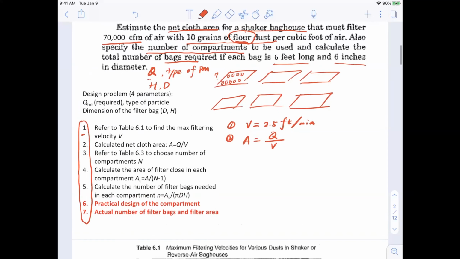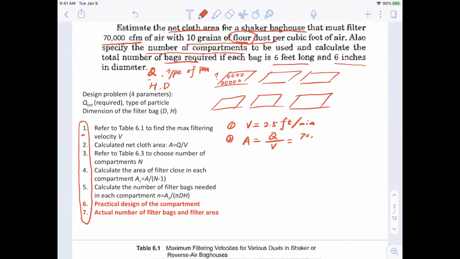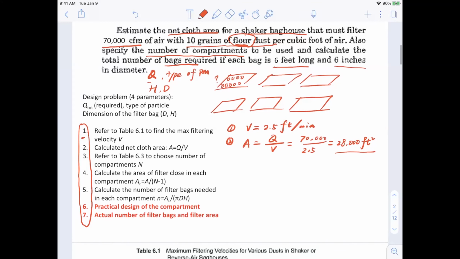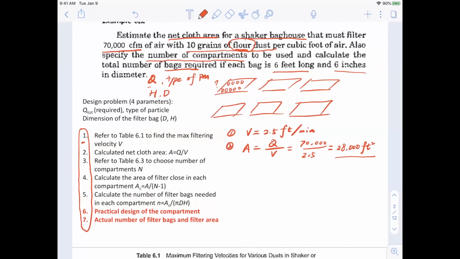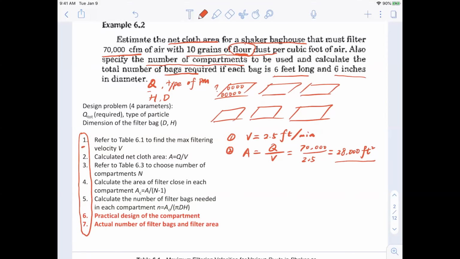So for this problem, if we plug in the values, 70,000 divided by 2.5, and since they are in the same set of units, we don't need to convert any unit, we find that this is 28,000 square feet, right? So I saw that some of you just stopped here and used this number as the total area of the baghouse filter.